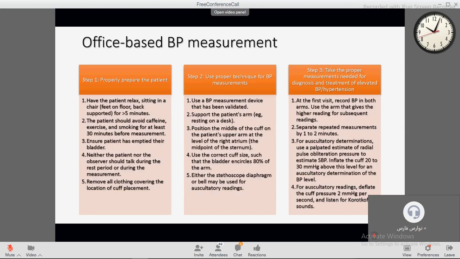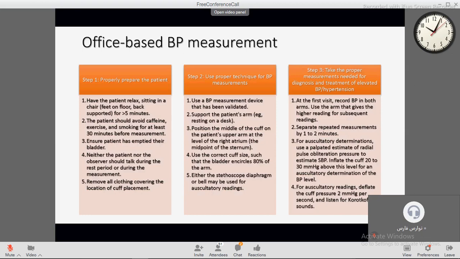You may think, I have to measure the blood pressure before I go further with the dental management. While it is easy, there are important steps and tips that you have to follow in order to get the ideal and correct blood pressure readings. Otherwise, the blood pressure measurement will be incorrectly recorded.